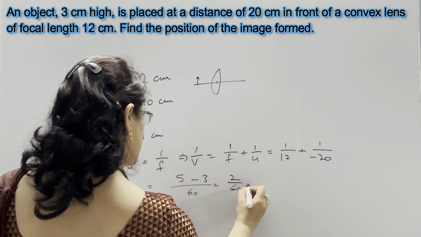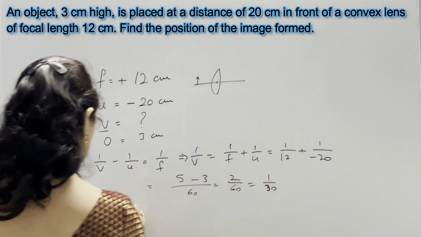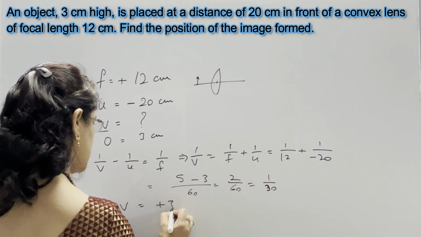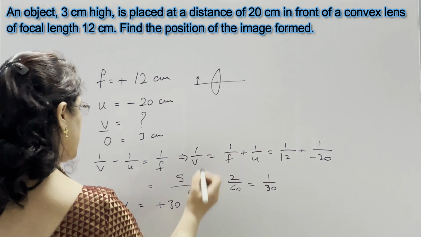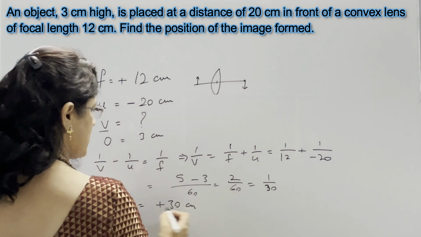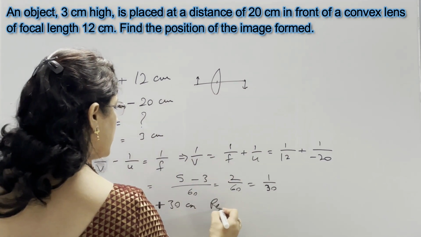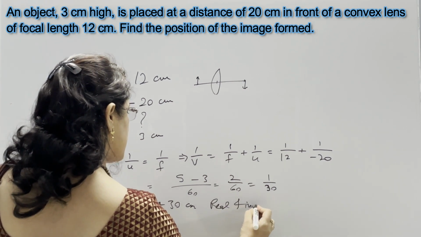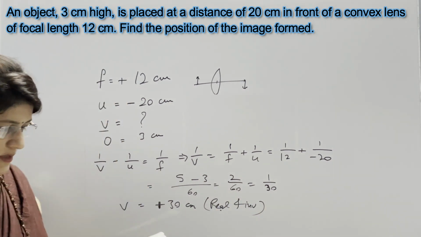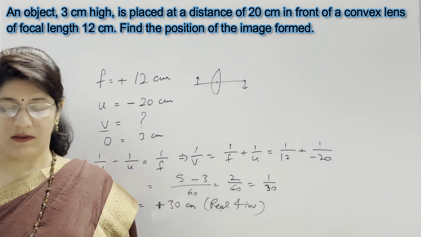It means 2 upon 60, which means 1 upon 30. Value of v is plus 30 centimeter. It means the image is forming on the right hand side of the lens because its value is positive. It indicates that this image is real and inverted in case of a convex lens here, because the image is forming on the opposite side of the lens.